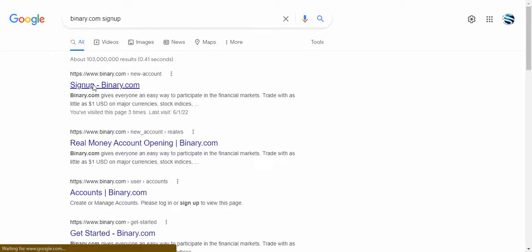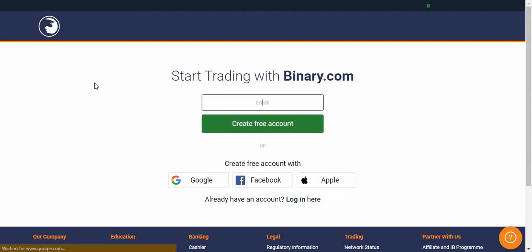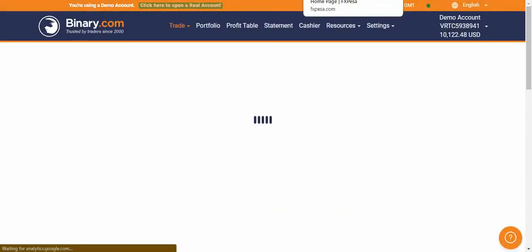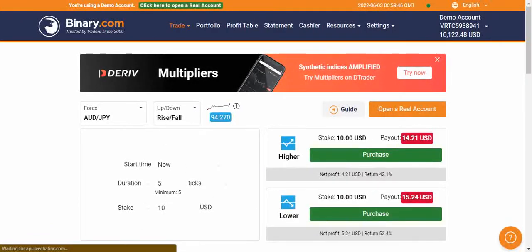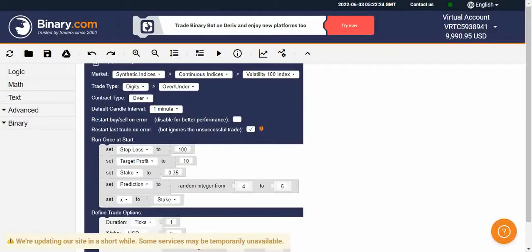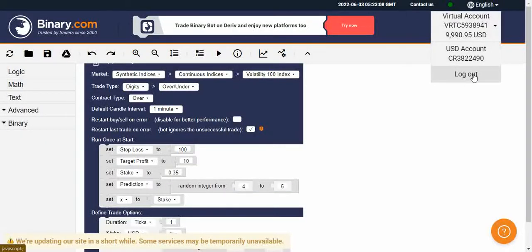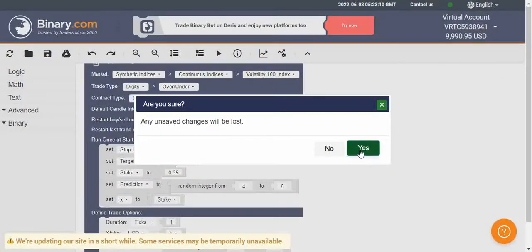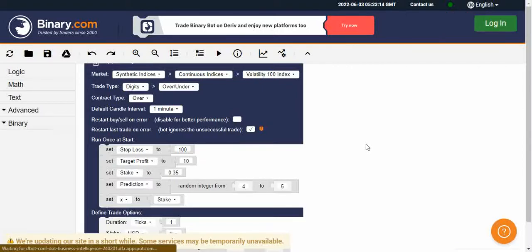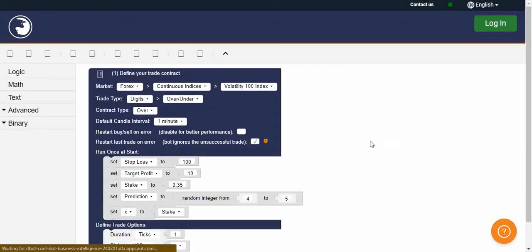You just open this. Then I'm logged in, so what I'll do, I'll just go back and log out, so that I show you in passing how to create an account on binary.com. It's very simple, it's not hard.